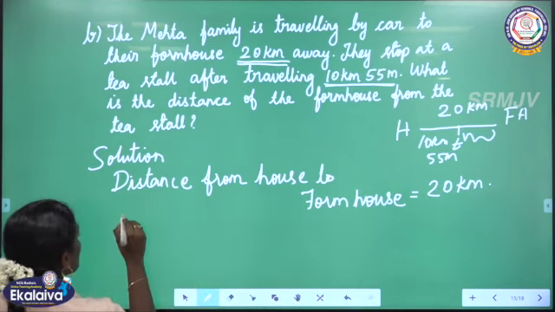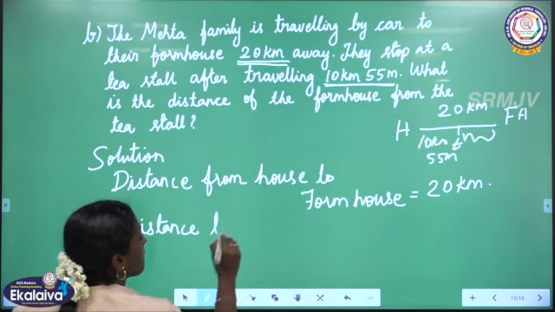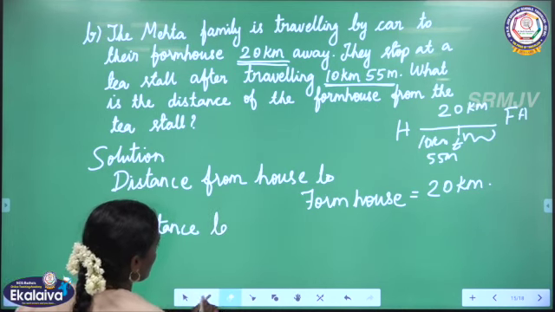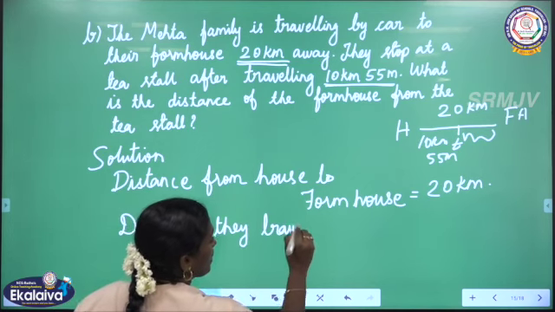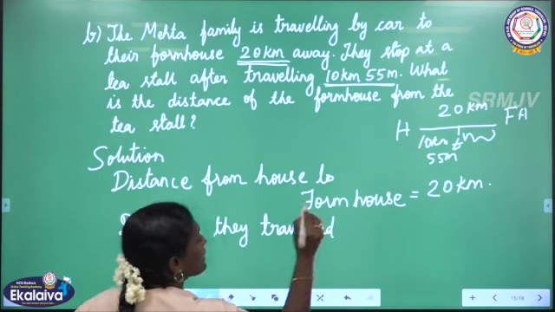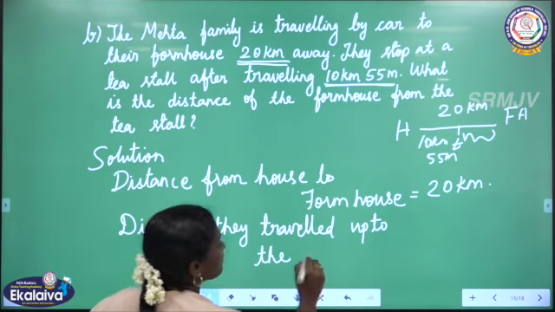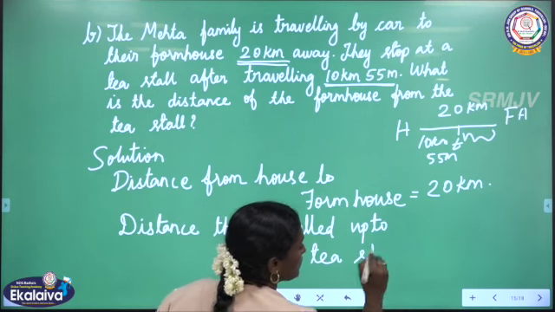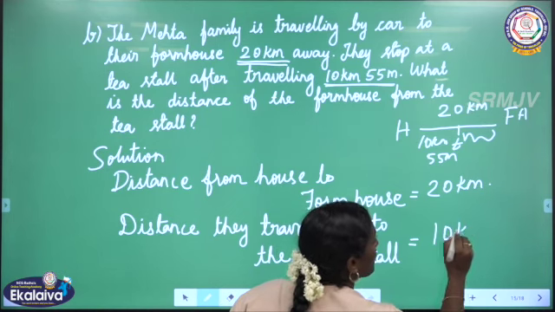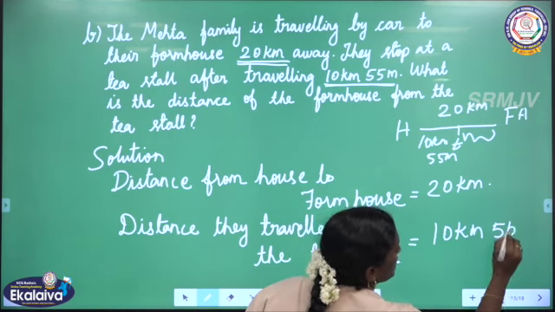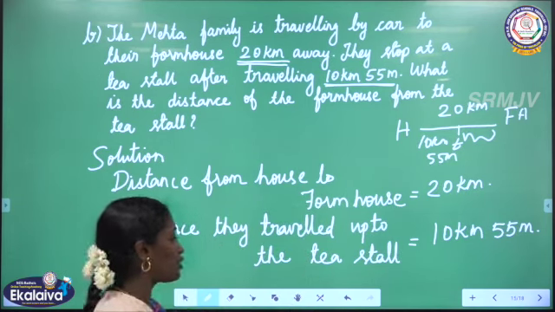Distance they traveled up to the tea stall. That is 10 kilometer and 55 meter. To find out the remaining distance, we have to subtract these two distances.